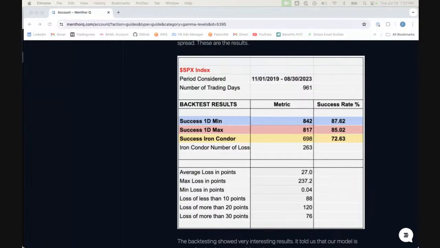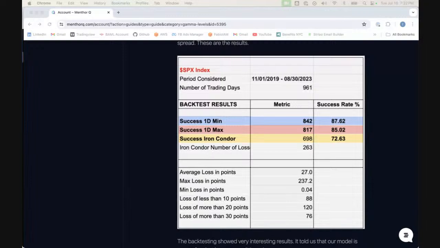We often see a level get tested and a pullback and then continue in that direction. So the first thing is buy the close before the end of the day. I typically put in 50 to 65% of premium buy the close, in which case, even if a one-day max or one-day min is exceeded, I'm often out of the trade.